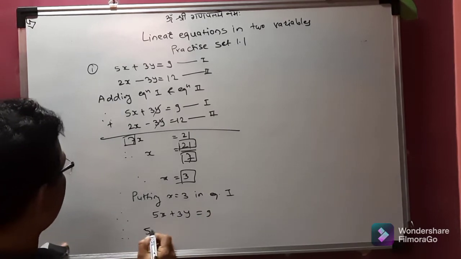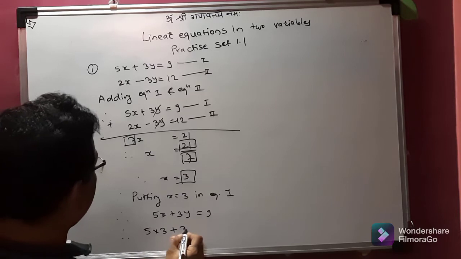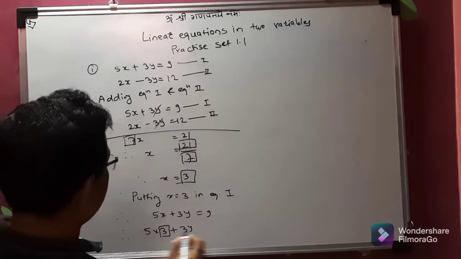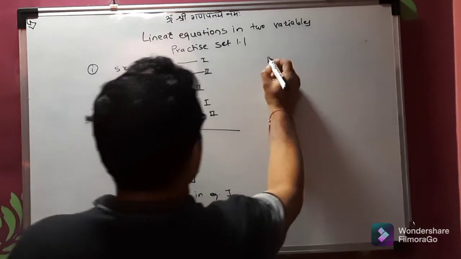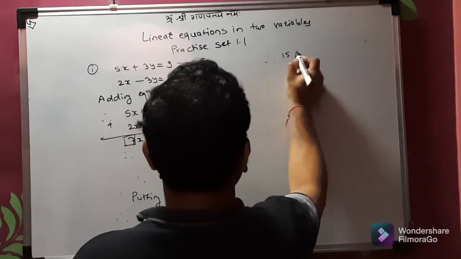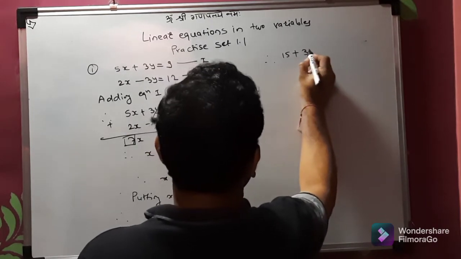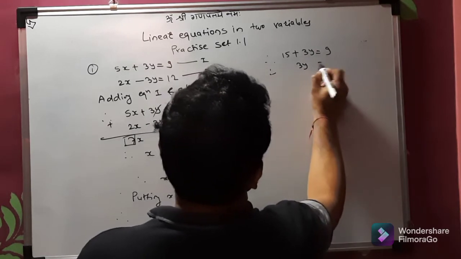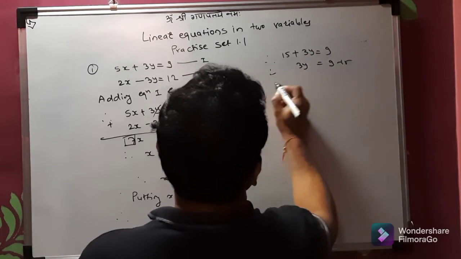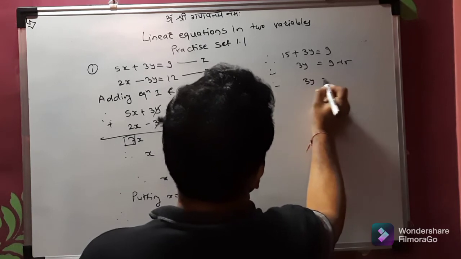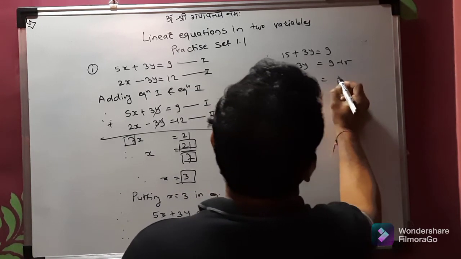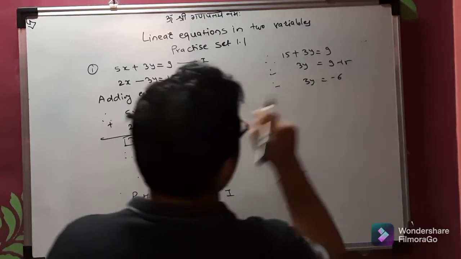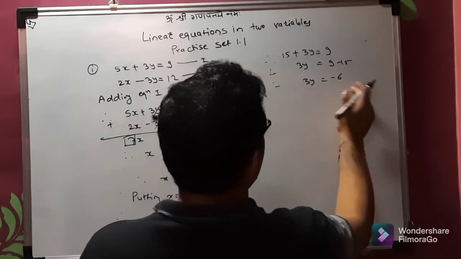So 5 into 3 plus 3y is equal to 9. 5 threes are 15, plus 3y is equal to 9. So 3y is equal to 9 minus 15. So 3y is equal to minus 6.